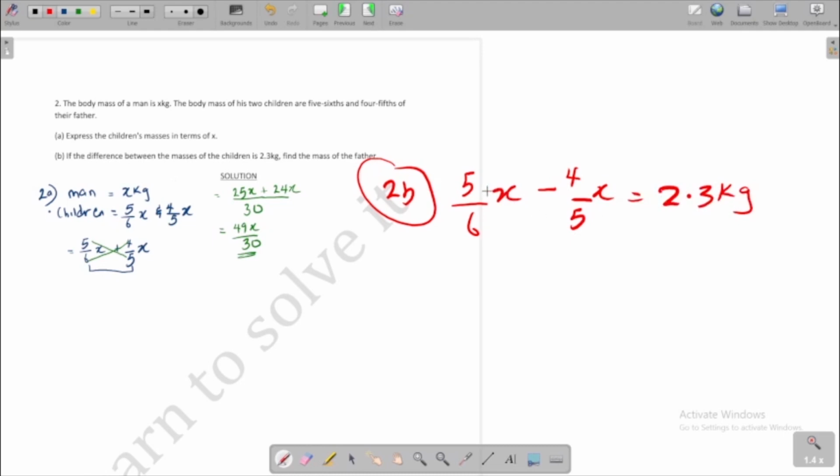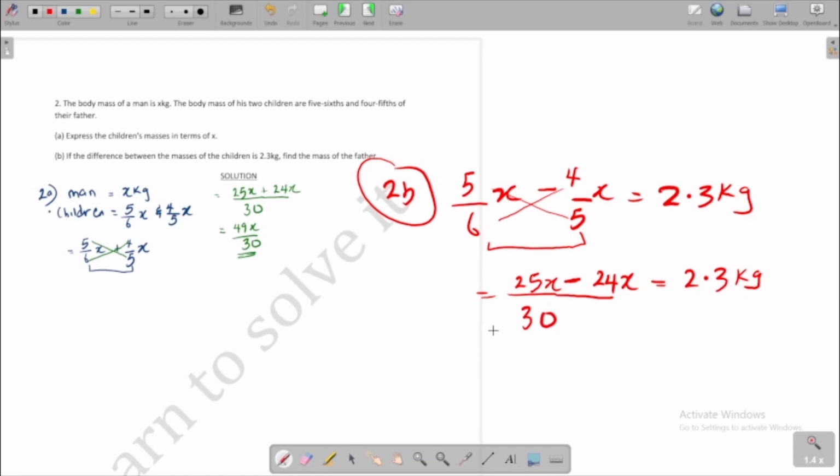So for us to solve this, we use the same pattern. You have this and this, then you take this and this. So 6 times 5 will give us 30, 5 times 5 will give us 25x, minus 24x is equal to 2.3 kg.